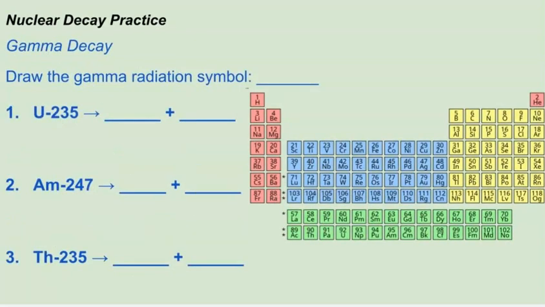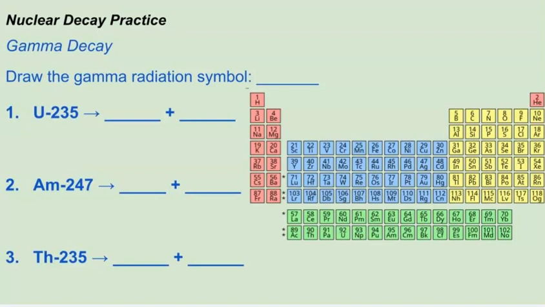Last but not least, we will look at gamma decay, but gamma decay is actually easier than all of the other types of decay we've done before, because gamma radiation is basically just energy, and so it doesn't actually impact the mass number or the atomic number of the element at hand.